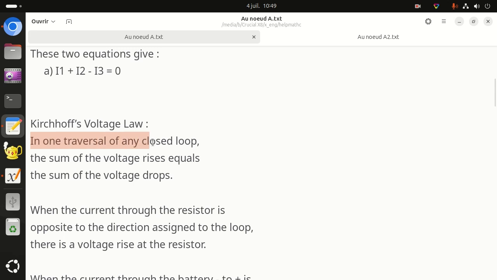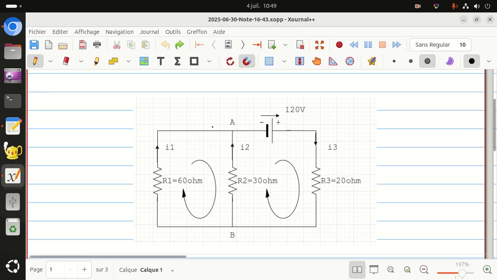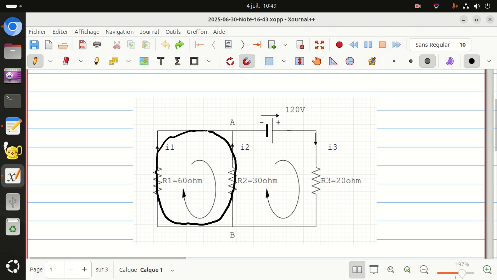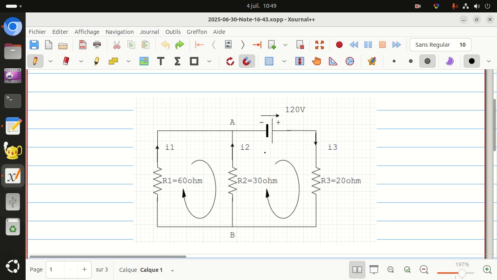In one traversal of any closed loop, you have in this circuit three closed loops. This is the first closed loop. This is the second closed loop.